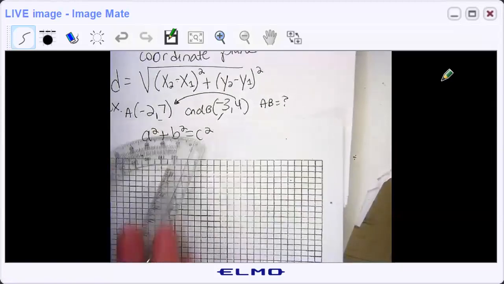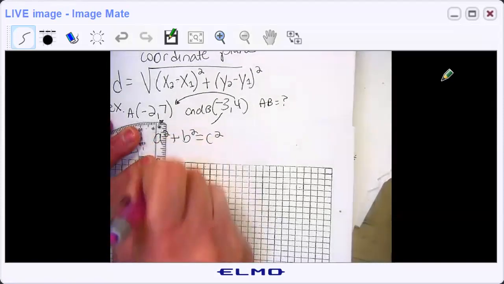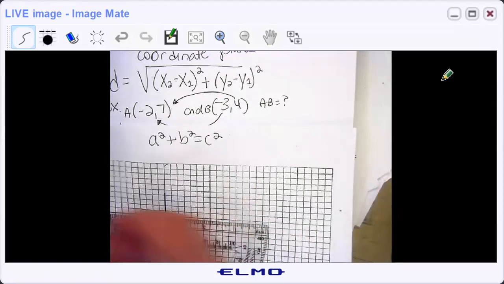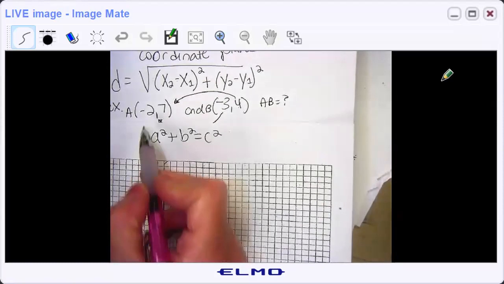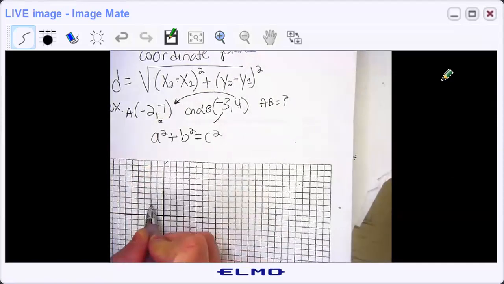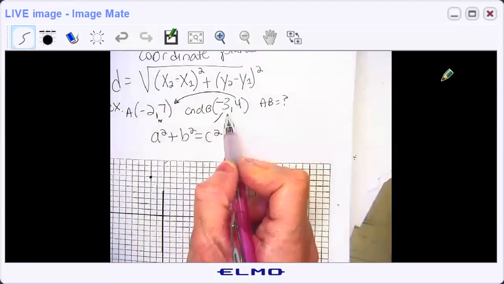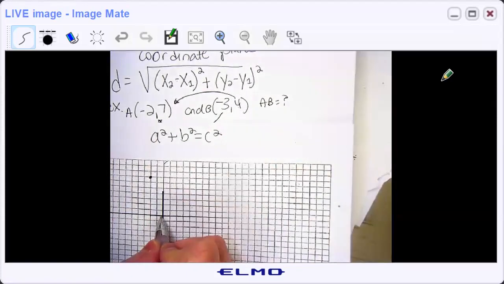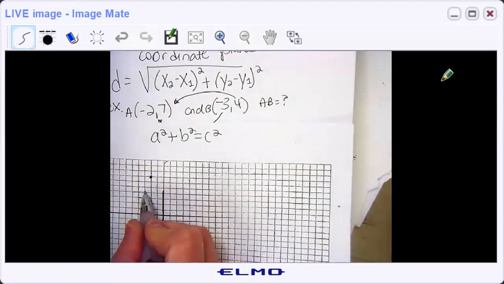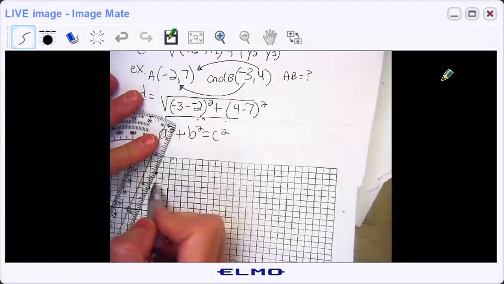Let's do that. So let me go and get my coordinate grid. Okay, so I'm going to go to the left 2 and up 7. I'm going to go left 3 and up 4. All right, and then this is going to be a really skinny triangle, and that's okay.